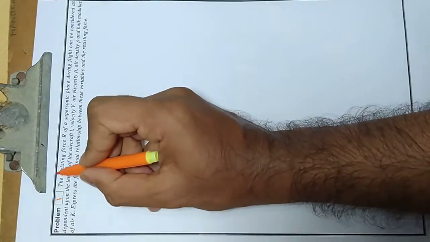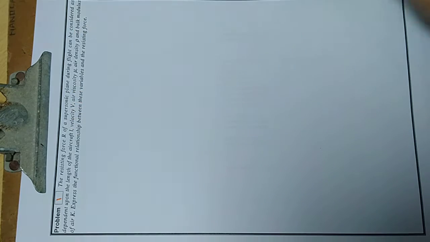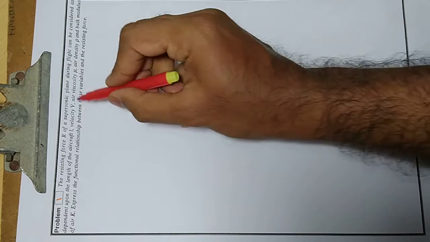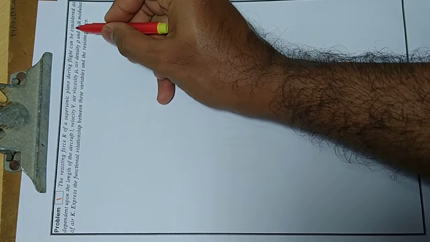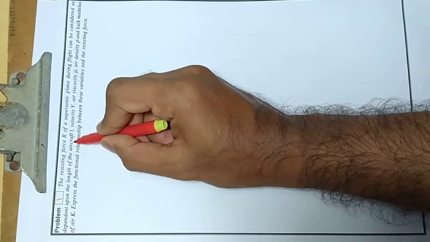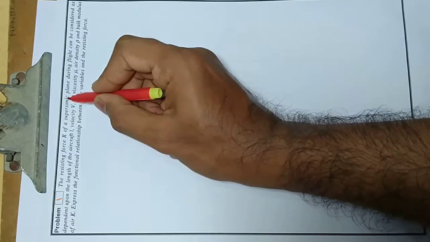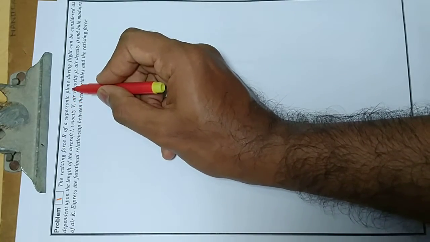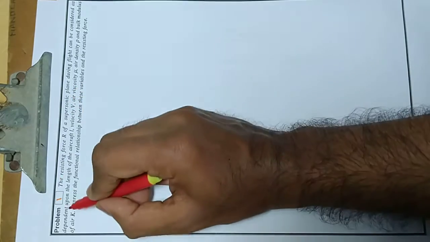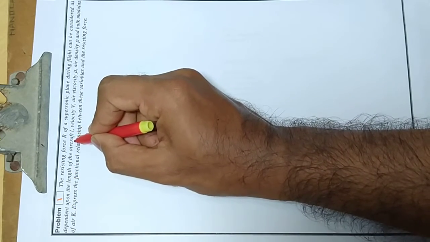Here it says that the resistance force R of a supersonic plane during flight can be considered as dependent upon the length of the aircraft.